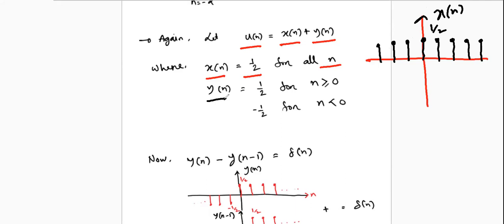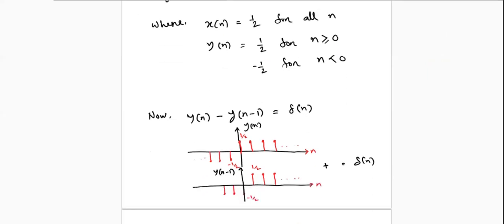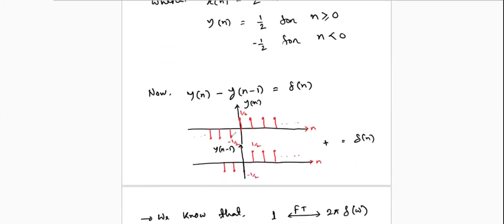Another one, yn, is equal to half for n greater than or equal to 0, and minus half for n less than 0, which looks like this. I have drawn this here. So this is yn: half for the positive portion and minus half for the negative portion.